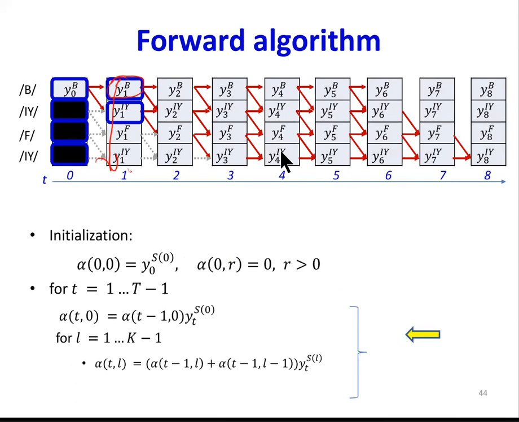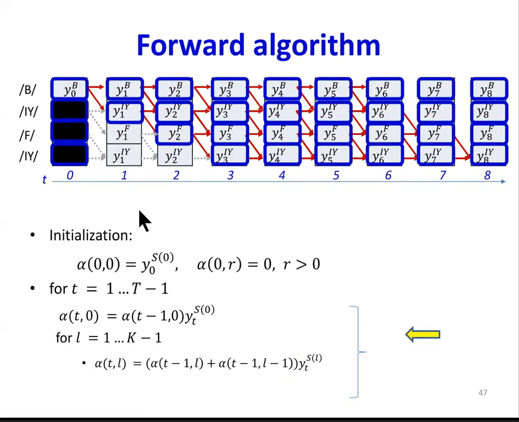For the top node, there's going to be only one parent. For the rest of them, there are going to be 2 parents. And then I'm going to multiply the sum of the alphas for the parents by the probability of the node itself. So I can compute the alphas for all of these nodes. Then I can go to the next time, and compute the alphas using the same formula for all of these nodes, and these nodes, and these nodes, till I compute the alphas for every node in the graph. This makes sense?